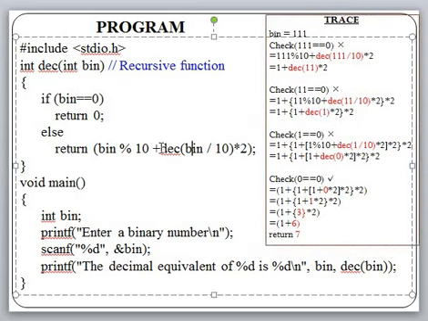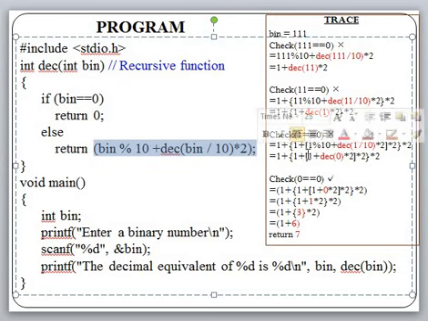So when bin value is 1, again control jumps from this line of the program to the function definition, the function header, where now bin is nothing but 1. So now 1 is compared with 0. Is it true? No, it is false. So it will execute this statement further in this fashion.